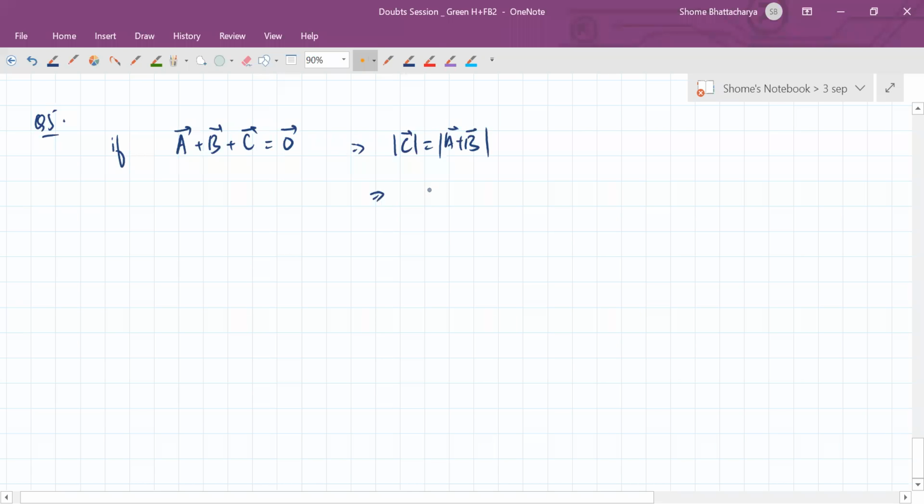So that means C should be less than equal to A plus B. Okay, because so this implies this and then this implies this.